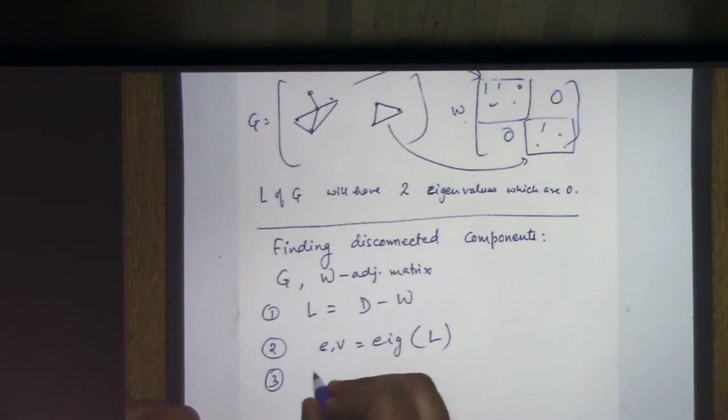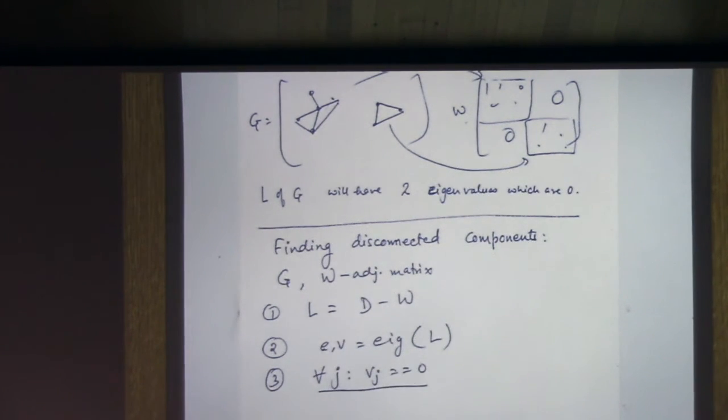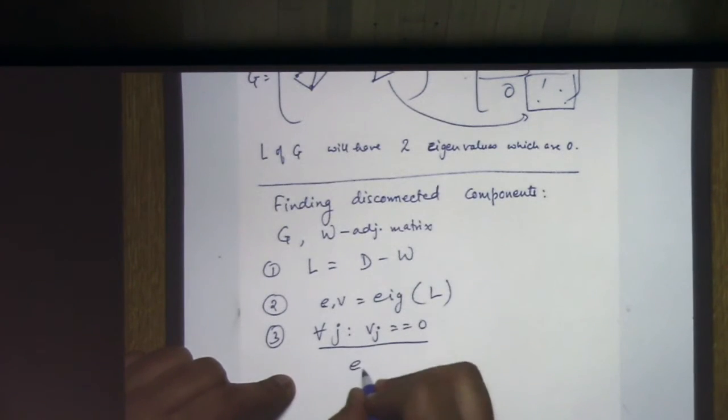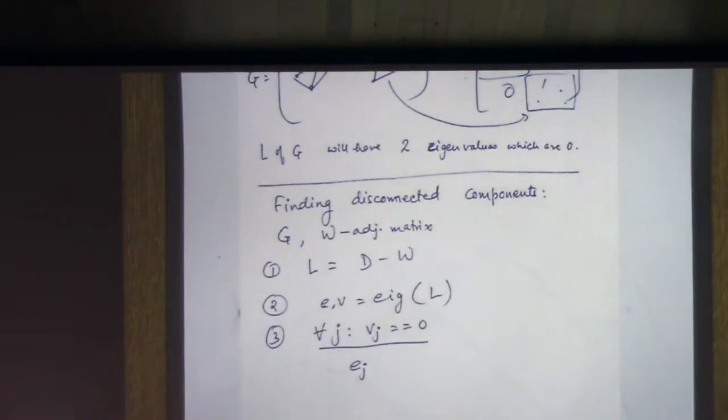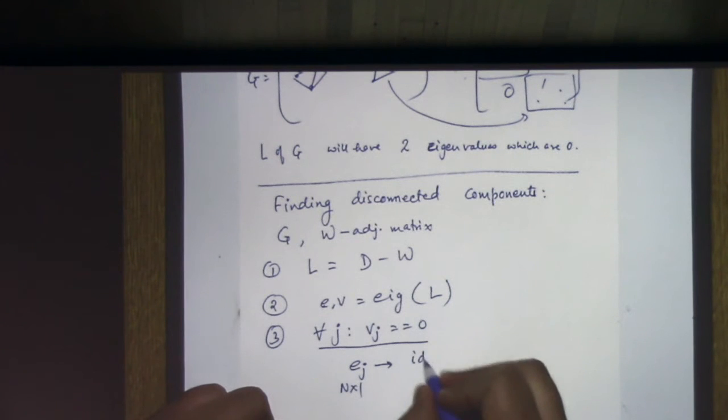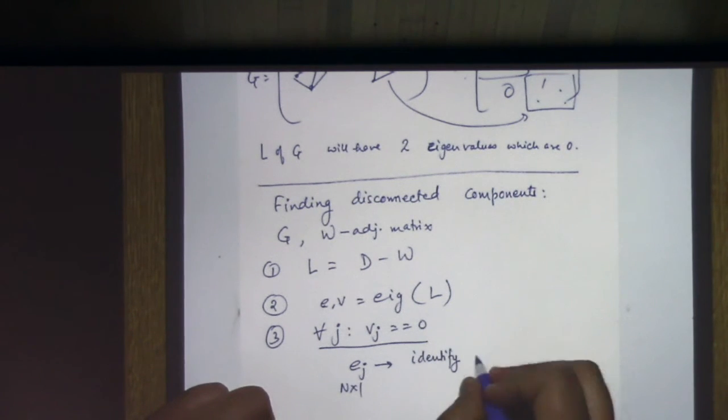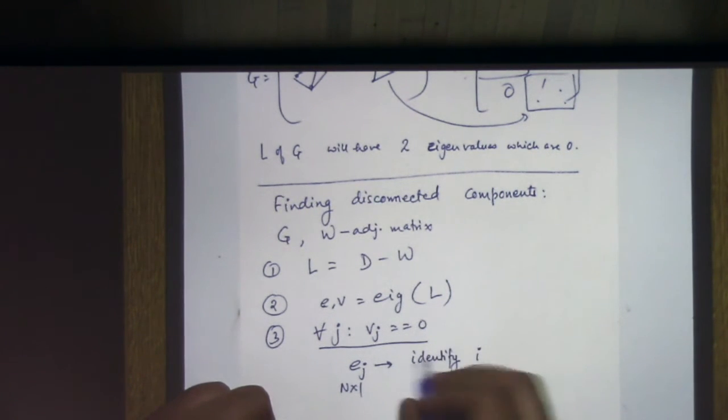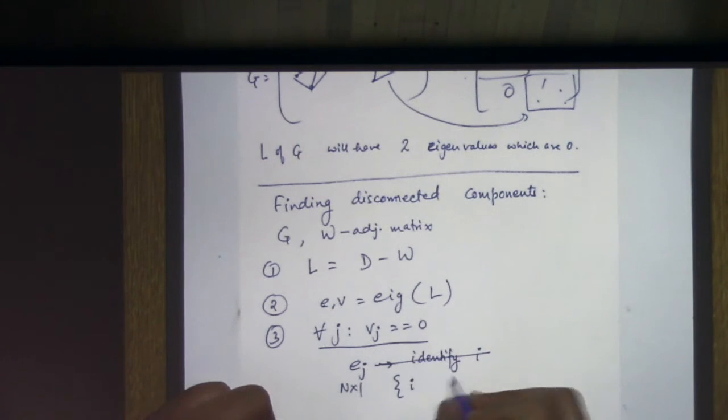Step 3, for each j such that the eigenvalue V of j equals 0, which means you're trying to find the eigenvalues that are 0, you take E of j, which is the corresponding eigenvector. So this will be a vector, an n cross 1 vector, and then you find the set of i's such that E_ij is not equal to 0.